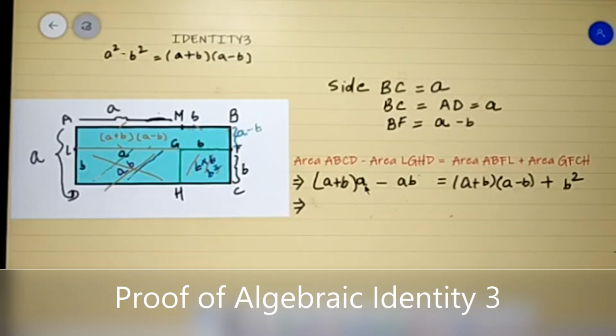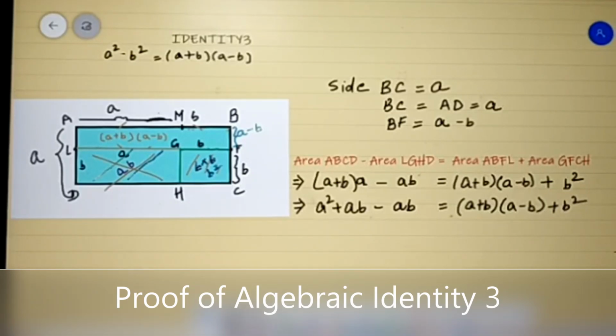Now we multiply A with both the terms. A into A is A square plus A into B is AB, and then here is minus AB, and that equals to A plus B into A minus B, and then it is plus B square.